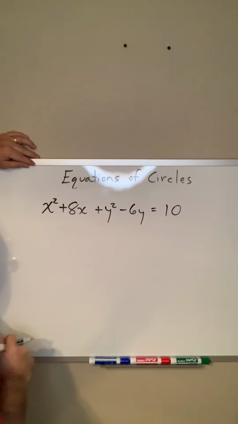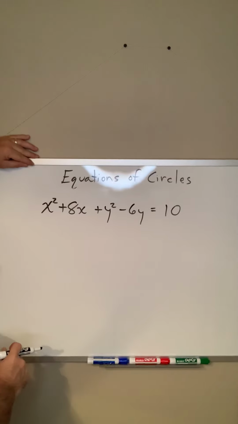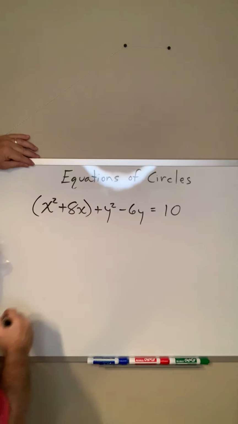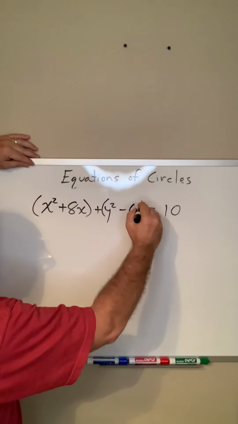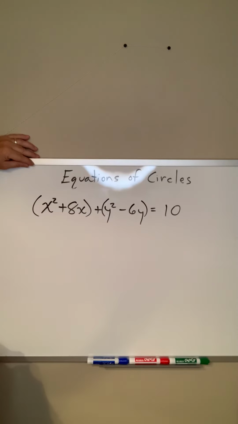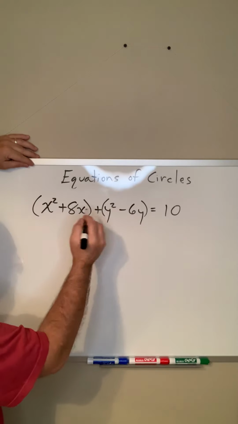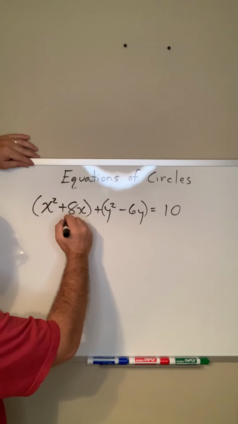To change this into the standard form, we need to be able to complete the square. So we look at these individually. I'm going to basically focus on the x² + 8x, and I'm going to focus also on the y² − 6y, but I'm going to look at them individually. So I'm going to complete the square here, which means we take half of our b term, our linear term.